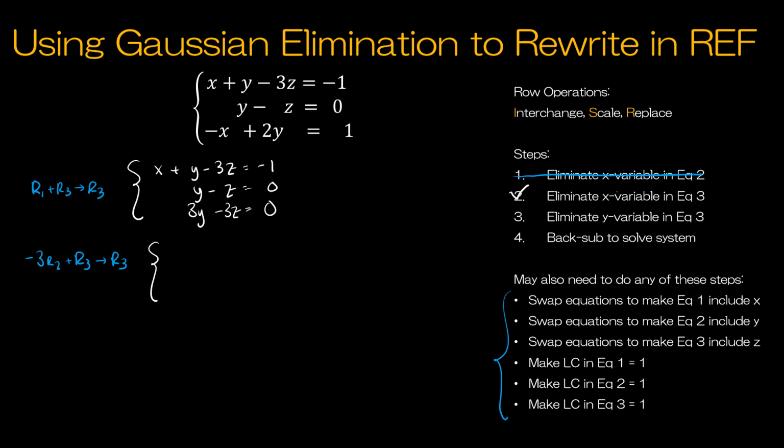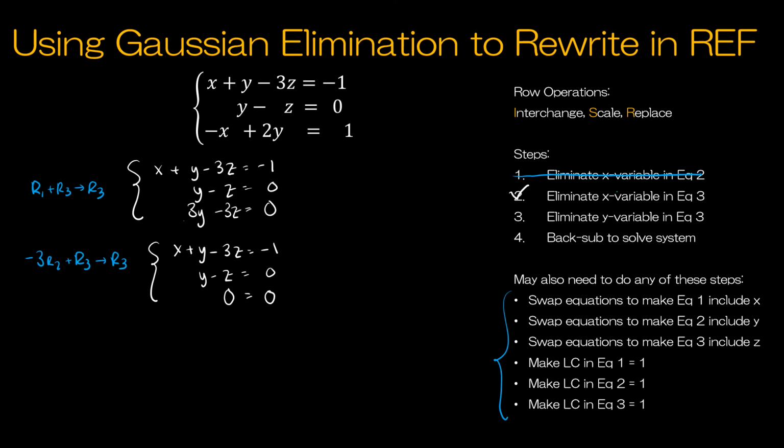That's going to give me the same row 1, the same row 2, and row 3, I'm now taking -3 times y, which is -3y, plus 3y gives me 0y. I have -3 times -z gives me positive 3z, minus 3z gives me 0z, so now I have 0, and then I have 0 plus 0 is 0.